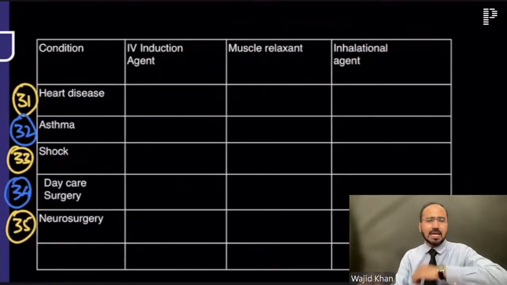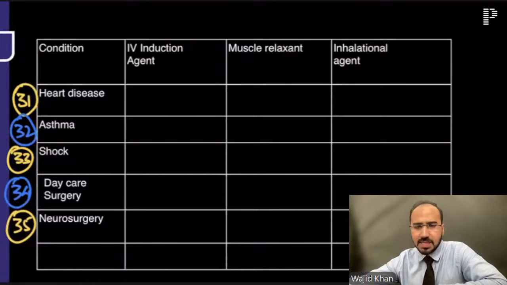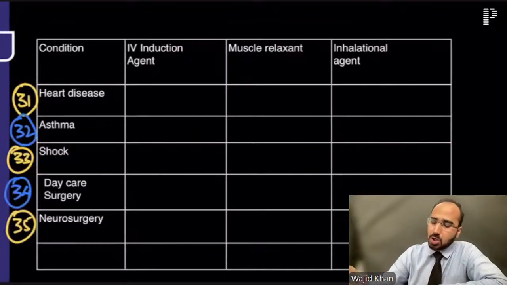Now coming to the most important one for general anesthesia, guys. Okay. This slide could cover 5 to 10 or even 10 to 12 MCQs. Just look over here, guys. If a person is suffering from heart disease, what is the IV induction agent of choice? Everyone please listen with concentration for this slide.